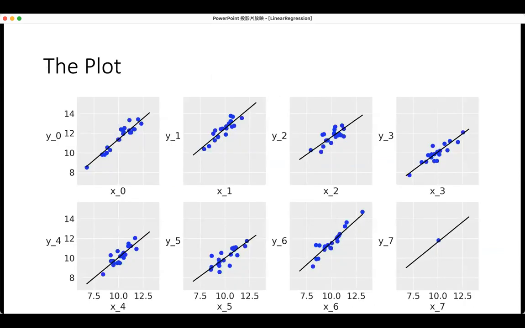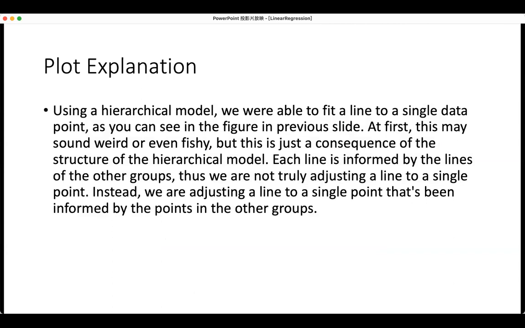You can see that the last group, although it has only 1 point, has a posterior of alpha and beta that basically suggests it has a similar trend to the other groups, which is very reasonable, considering that they are under the same umbrella. So I think I already explained that.